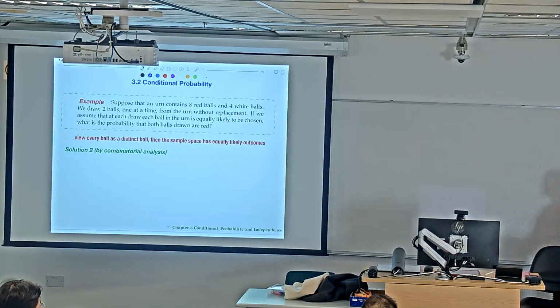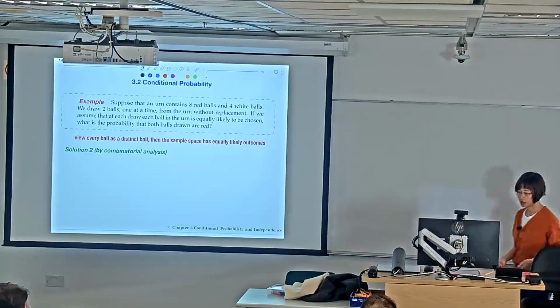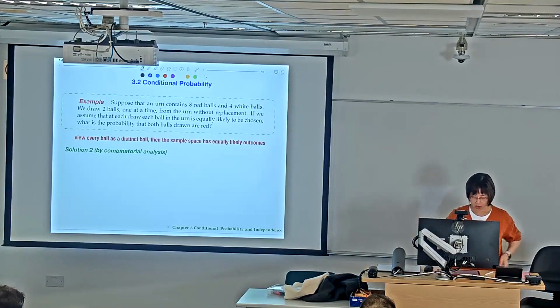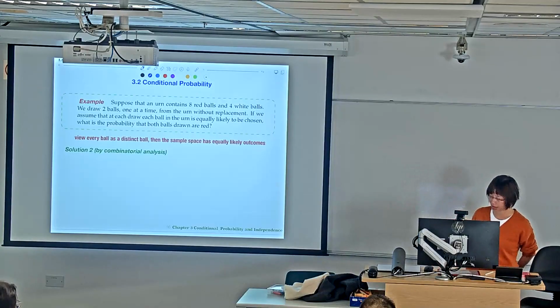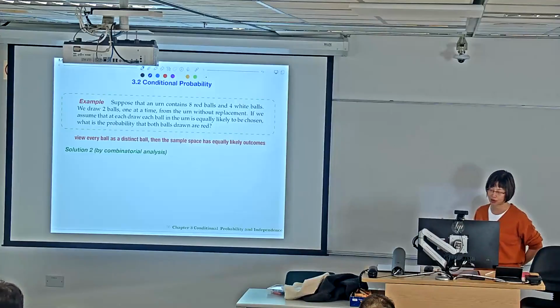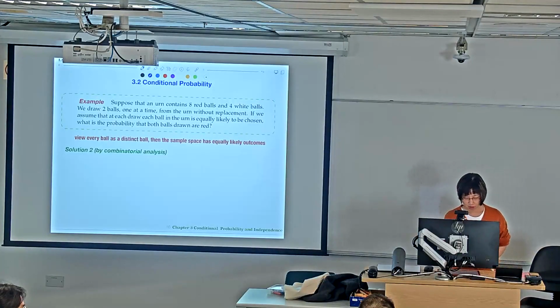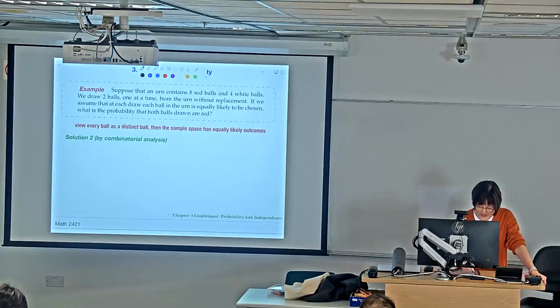Here we are going to view every ball as a distinct ball, and we will not regard the order in which balls are chosen, but you can definitely consider the order as mattering, because here we choose 2 balls, 1 each time. Because it's without replacement, you can think of it as taking 2 balls out at the same time. It's the same. You can count in order, but you just need to count for the numerator and denominator in a consistent way.